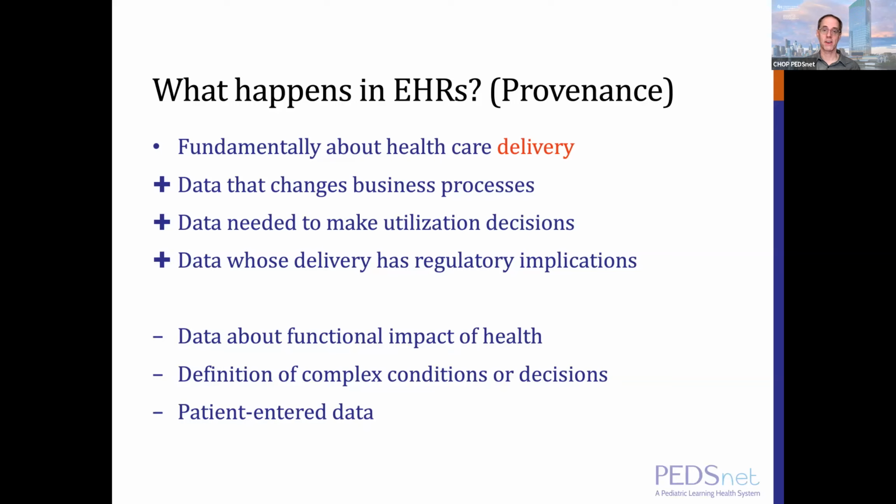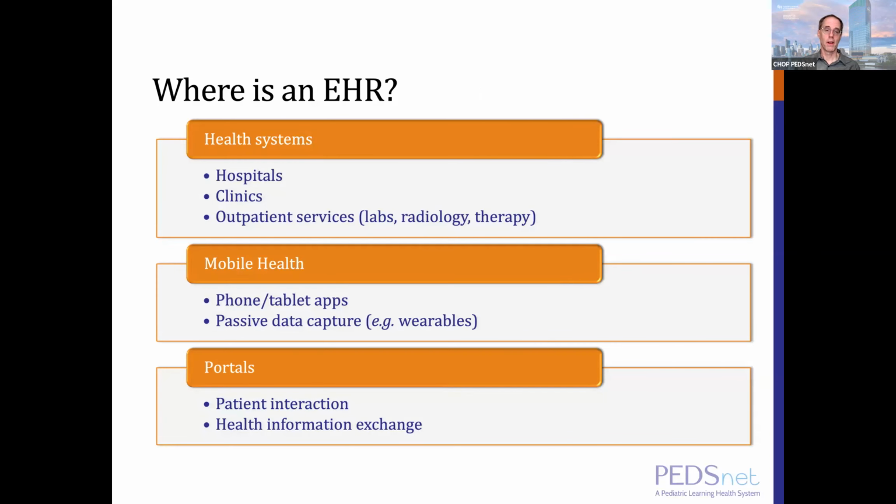And unless there is a recognized service or diagnosis code that collects those various components, it may take some work to assemble the pieces. And finally, because EHRs are often centered in healthcare delivery systems, they're lagging a bit in their ability to capture patient-entered data and to standardize that patient-entered data into a format that makes it available for secondary use.